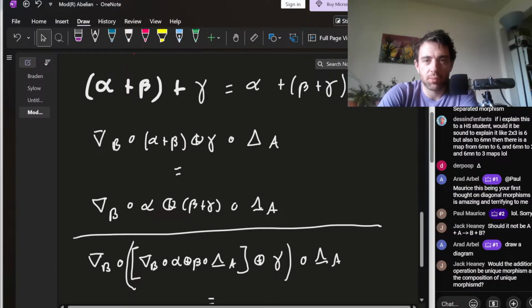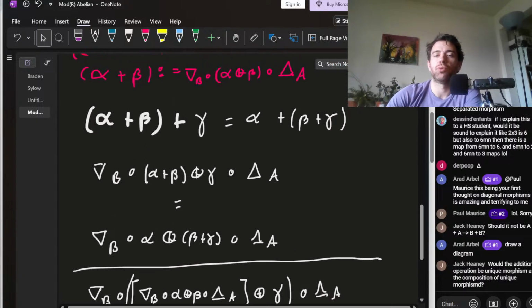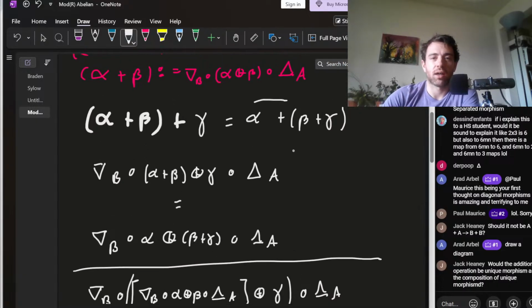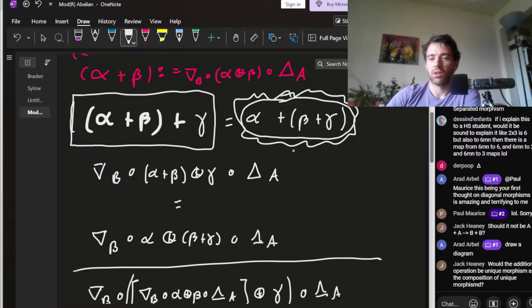Yes. So, I think the strategy would be to prove basically that this has to satisfy a certain uniqueness property, like this fits into a certain commuting diagram, and so the strategy would just be to prove that this fits into the same commuting diagram.